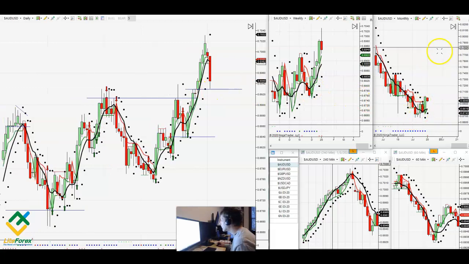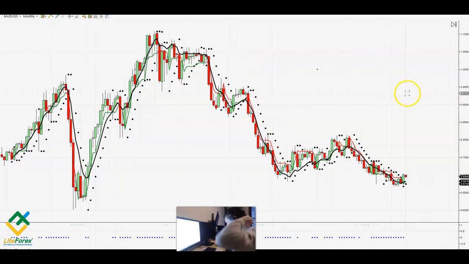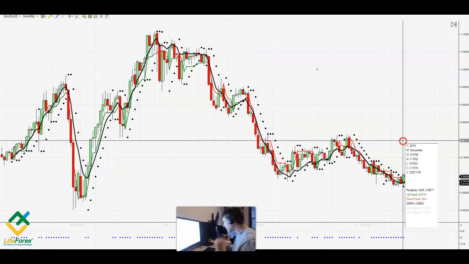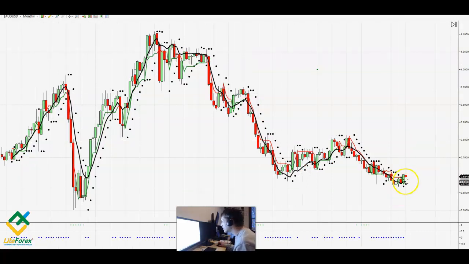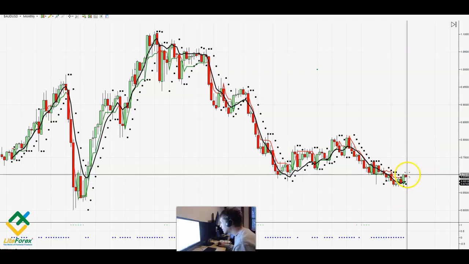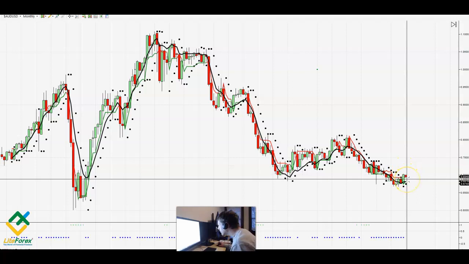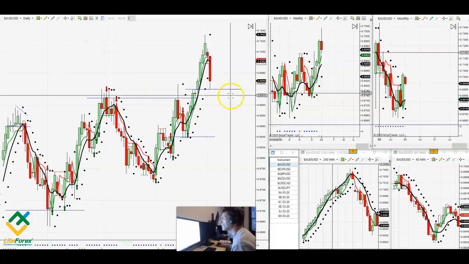The monthly chart, when we look at the monthly, you can see the month of December was great for the Australian USD, but then we become a bit overextended. Price is very rarely just going to open up where price closed at and continue this uptrend. It's going to pull back. We have to look at this mid price around 68.83.